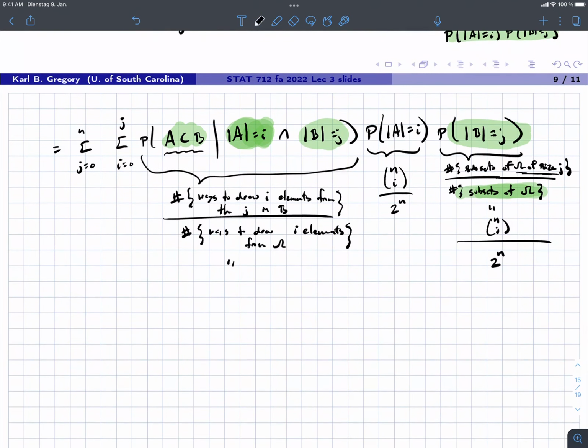And so I'm going to get j choose I for the numerator, and in the denominator I'm going to get n choose I.